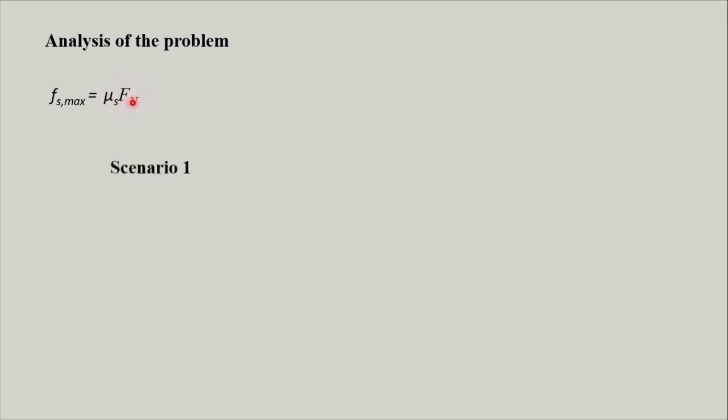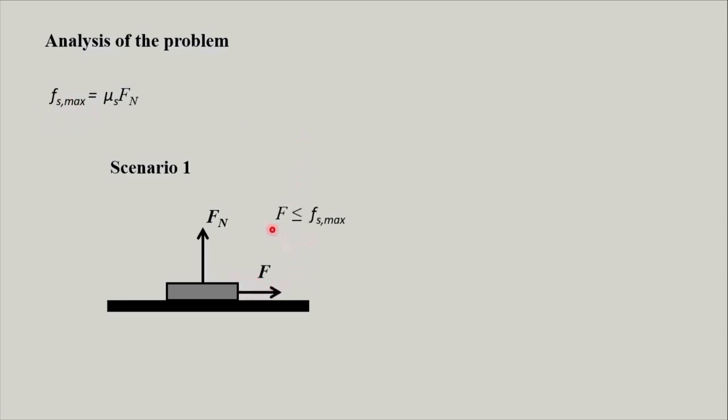Scenario 1, which is possible, is the following. So we have a block on the surface. Among forces in the vertical direction, we select only the normal force because it participates in Fs max. Then we have a horizontal force, and in this scenario, this force is smaller than Fs max.